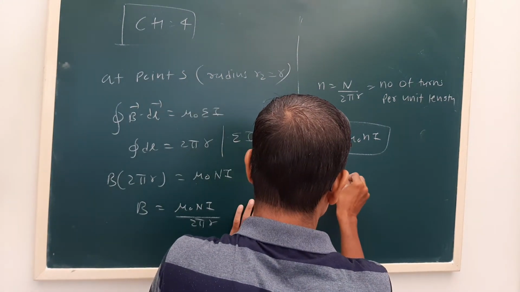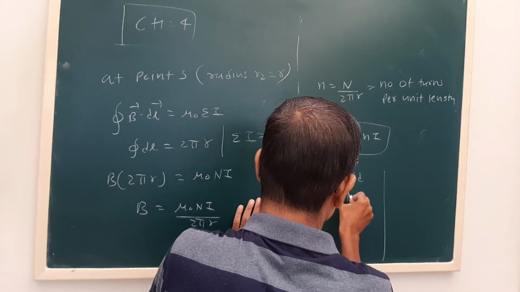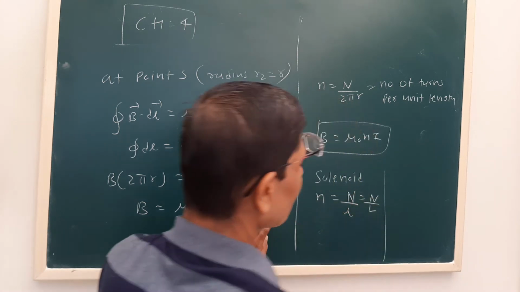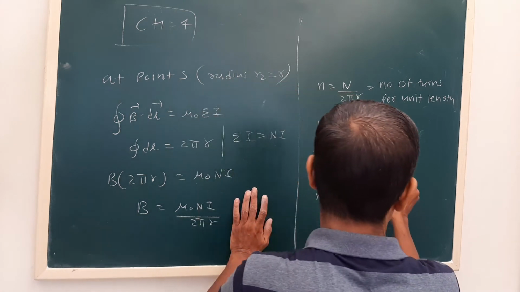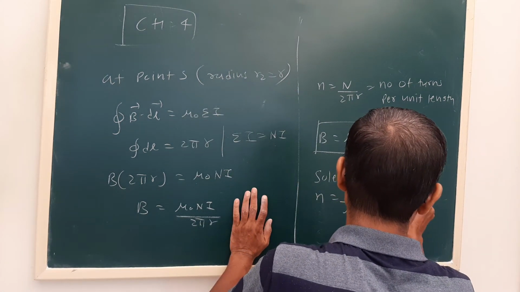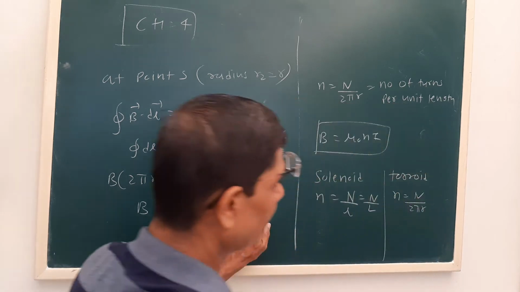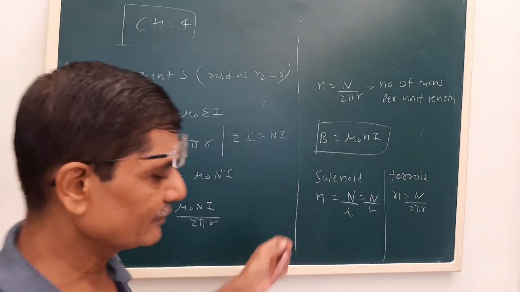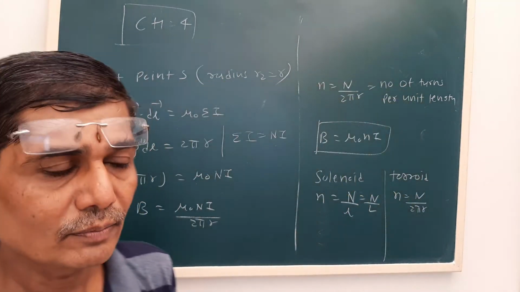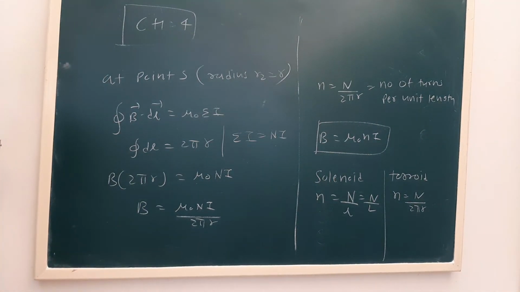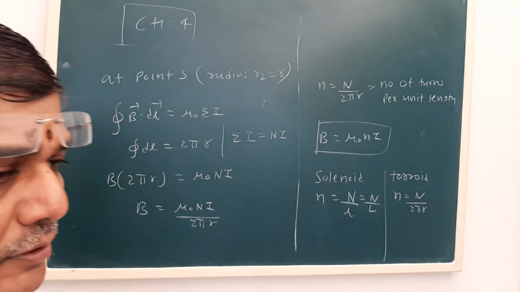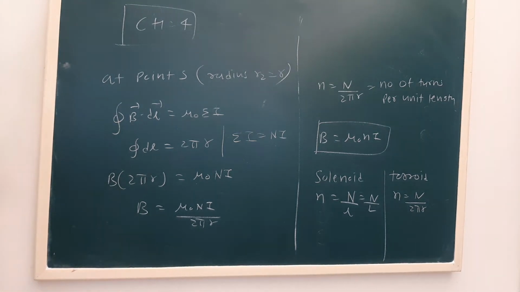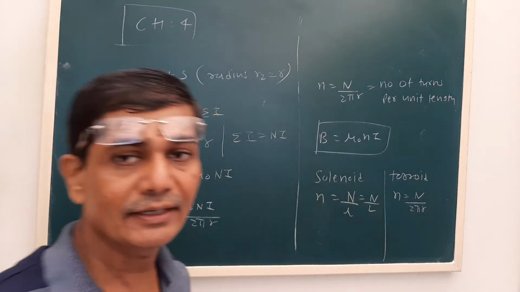So we have to remember here, sometimes it is capital N. For a toroid, n is equal to N upon 2 pi R. This is a useful relation we have to remember, and we can obtain the value of the magnetic field due to a toroid. A toroid has a number of uses also. It is used in a device called a tokamak, which is used in some nuclear reactors. Now this is about the magnetic field of a toroid.